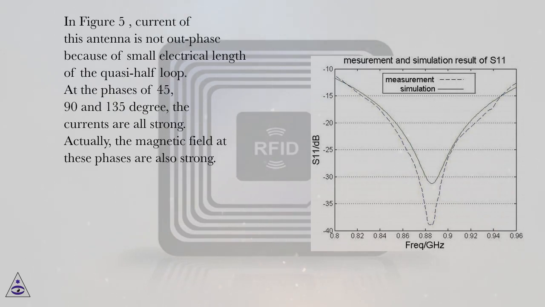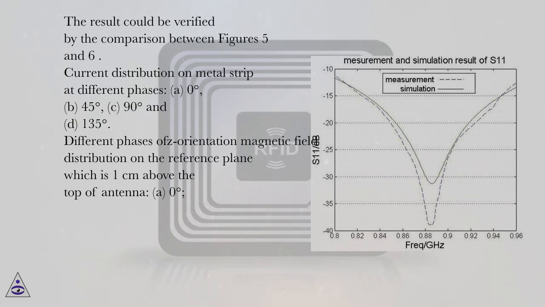In Figure 5, the current of this antenna is not out of phase because of the small electrical length of the quasi-half loop. At the phases of 45, 90 and 135 degrees, the currents are all strong. Actually, the magnetic field at these phases is also strong. The result could be verified by the comparison between Figures 5 and 6.